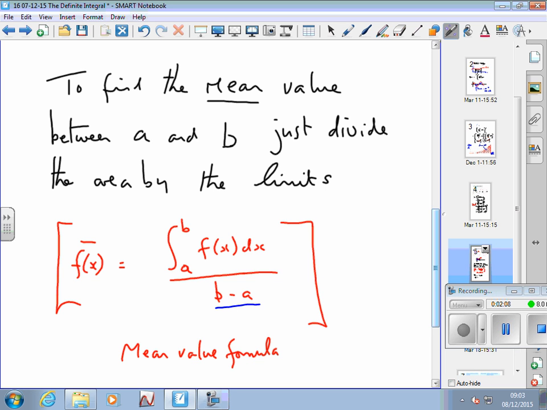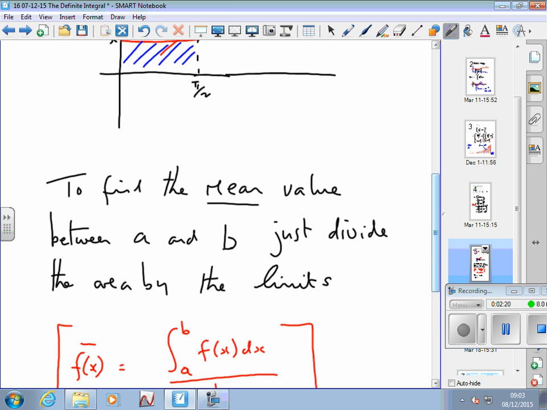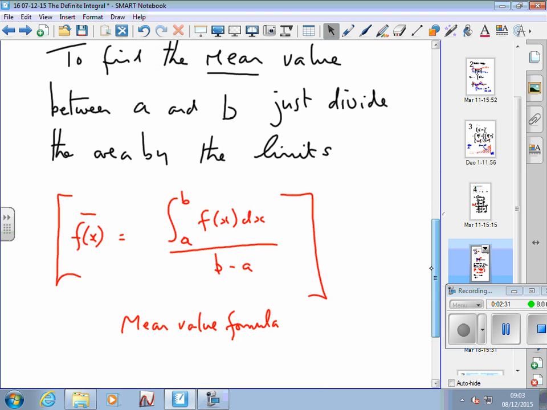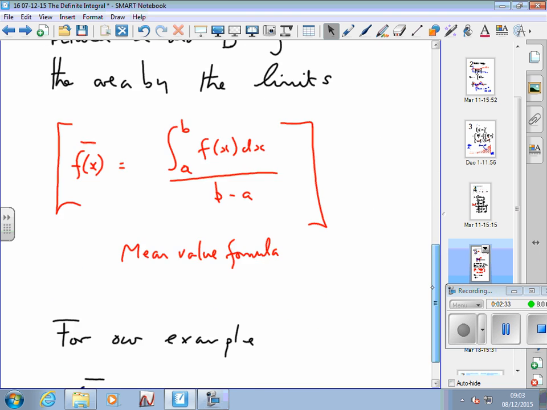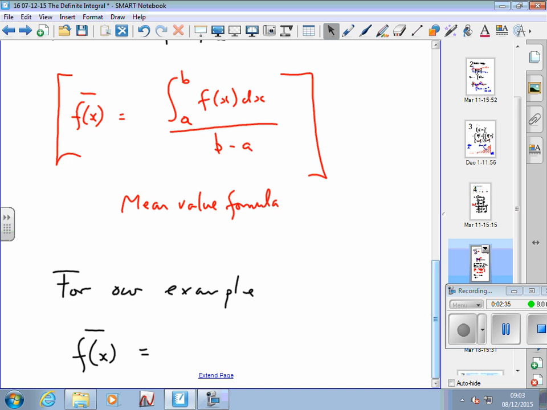It's called the mean value formula, but it just comes from that idea of finding the average value by dividing the area by the bottom distance, if we consider it as being like a rectangle here. So this will be b, and this will be a. So what's the distance between a and b? b minus a. And that gives us this formula here, the average value formula.